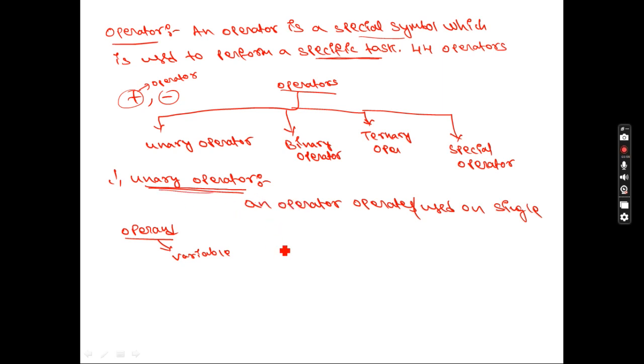Unary operators are again classified into 3 types. One is unary minus, the next is unary increment, and the next is unary decrement. I will explain everything with examples. What is the meaning of unary minus?